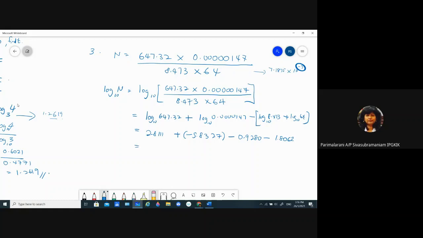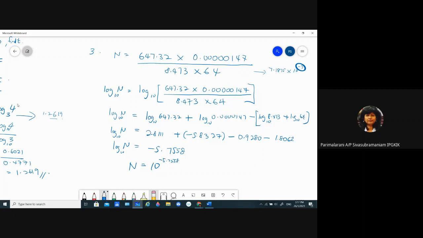So when you add all this together, what do you get? Minus 5.7558. Okay, so now what is n? N is equals to 10 to the power of negative 5.7558.